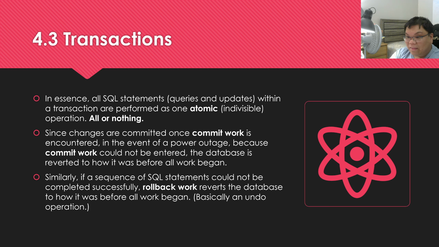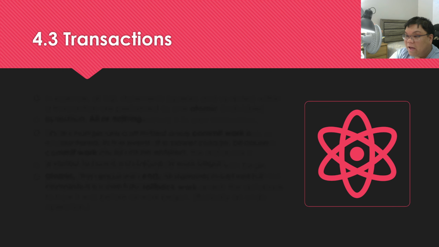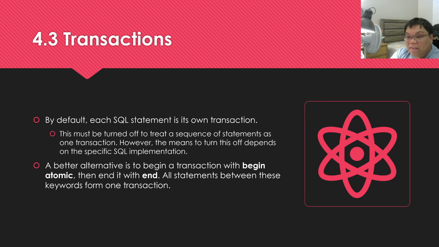All or nothing. Since changes are committed once commit work is encountered, in the event of a power outage, because commit work cannot be entered, the database is reverted to how it was before all work began. Similarly, if a sequence of SQL statements could not be completed successfully, rollback work reverts everything to how it was before you started. By default, however, each SQL statement is its own transaction.